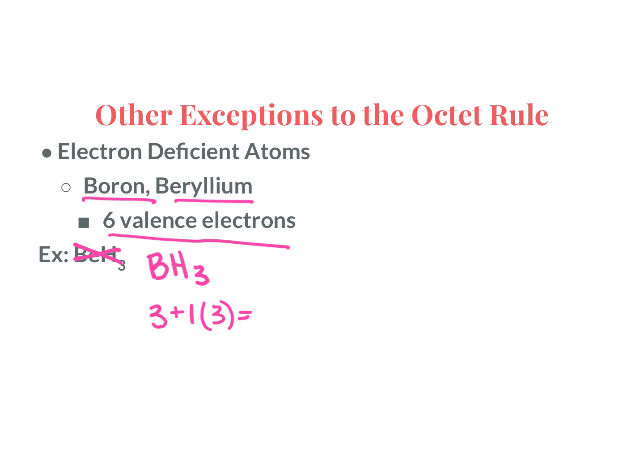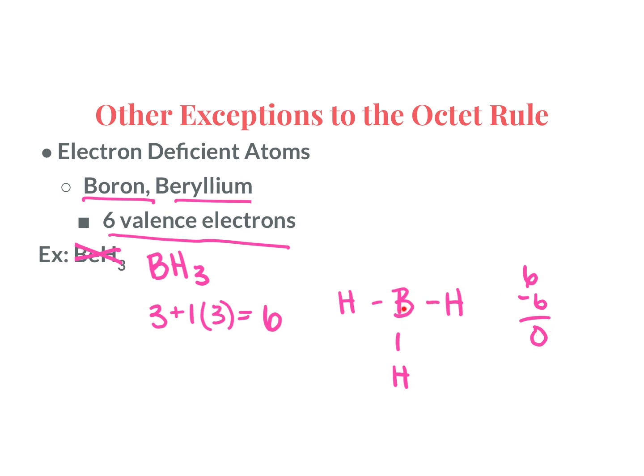So how many total? 6. So if we look at BH3, which atom goes in the middle? B, and then spread out the hydrogens. We started with 6. How many electrons did we use? 6. We're out. We have no more electrons, right?